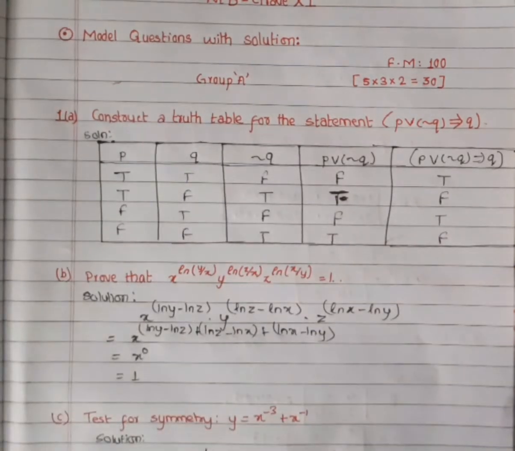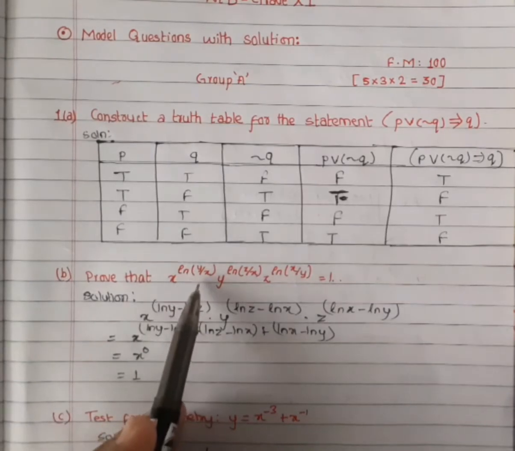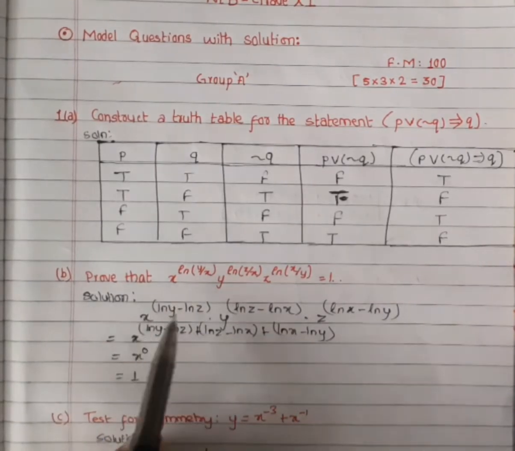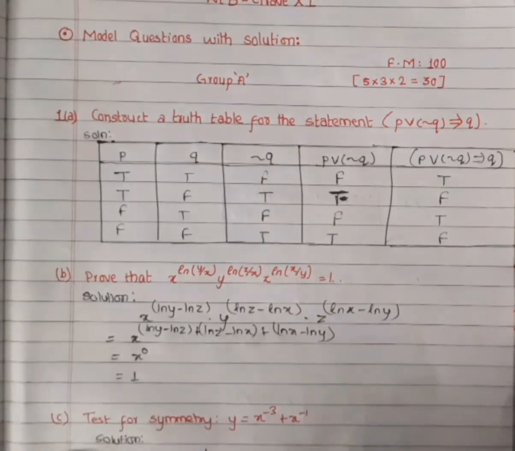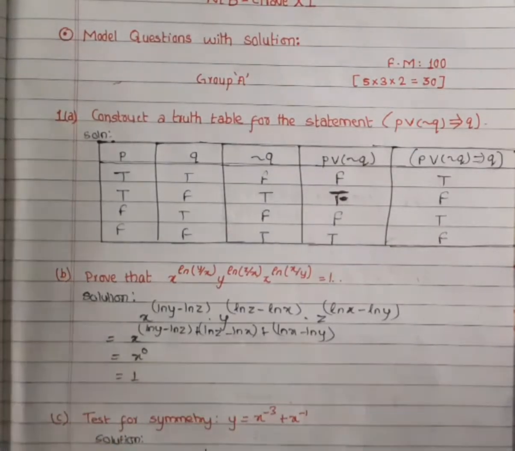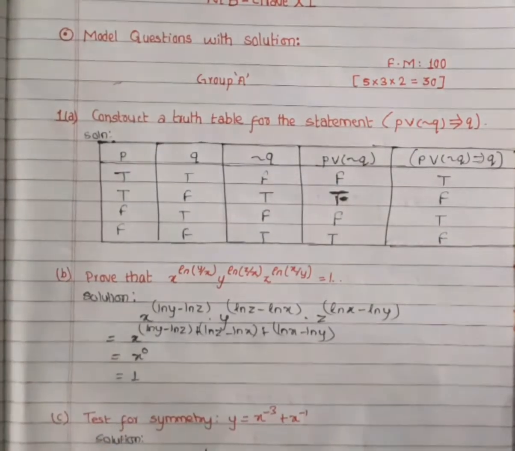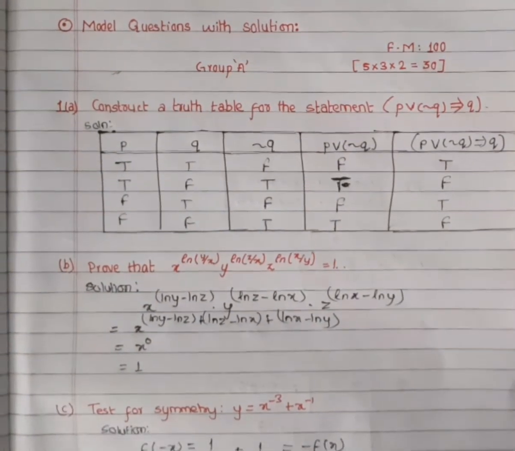We have to solve it. First of all, ln y by x means, according to the properties of log, ln y minus ln z we can write, and in this way by giving the simple indices rule or by adding the power we can obtain. I have done it here only in short form, that is only hints. You have to practice. If you practice, it will be easier.